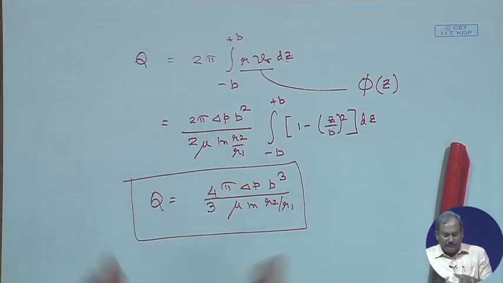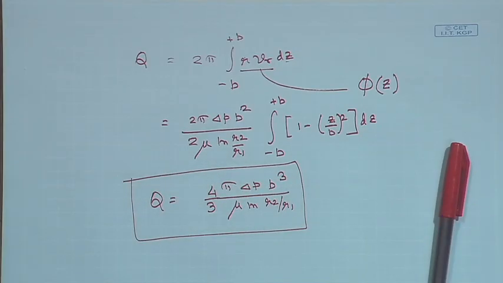So here you see how we get a compact expression for the flow of a Newtonian liquid in between two plates in laminar flow when there is a pressure gradient and when there is no effect of gravity. But the major assumption that we have put in here is that the flow is very slow.